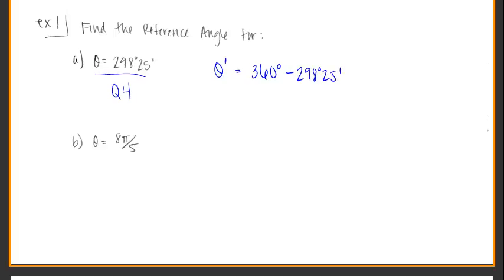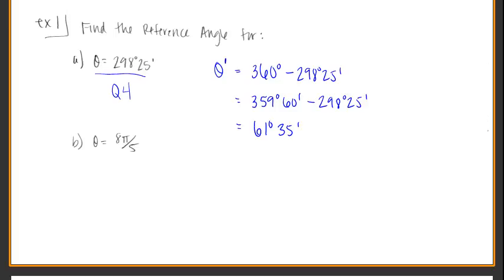Well, to subtract a degree that's in minutes, we've got to convert. 360 degrees is the same thing as 359 degrees and 60 minutes, because there are 60 minutes in 1 degree, minus 298 degrees and 25 minutes. 359 minus 298 is 61 degrees, and 60 minutes minus 25 minutes gives us 35 minutes.